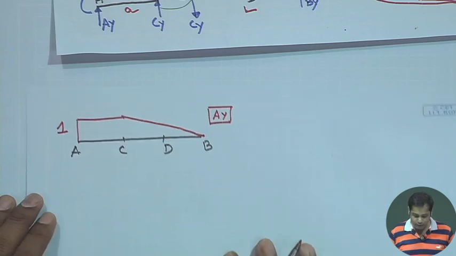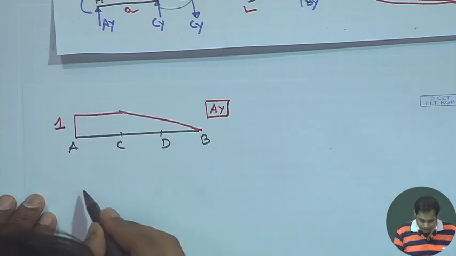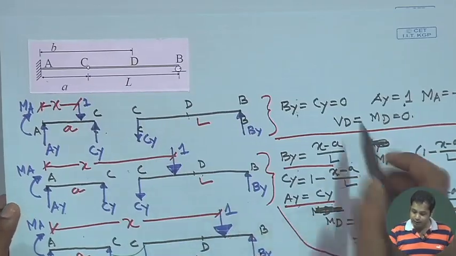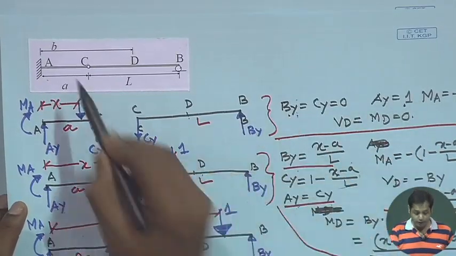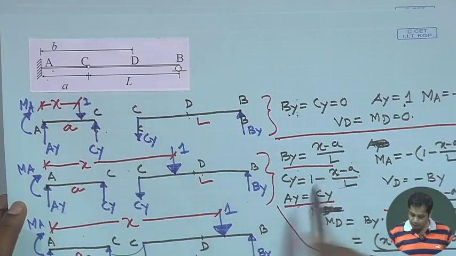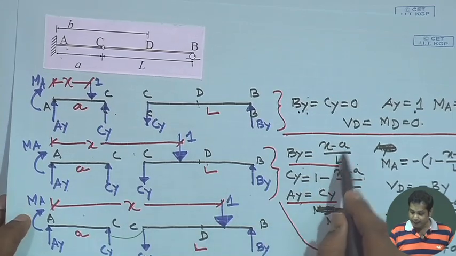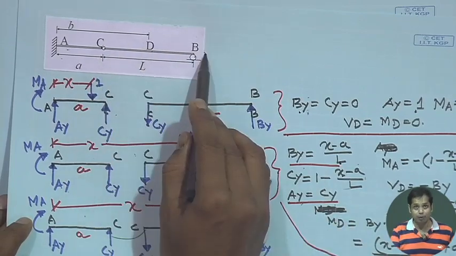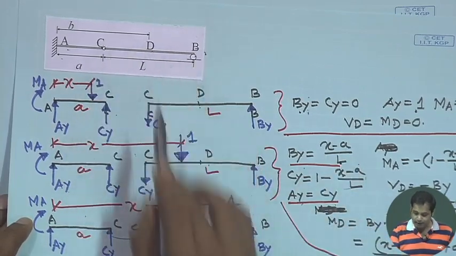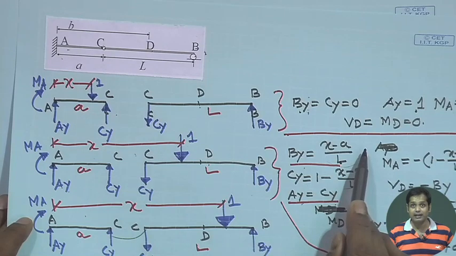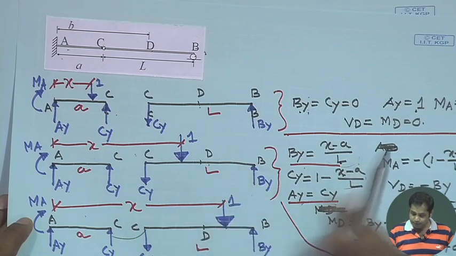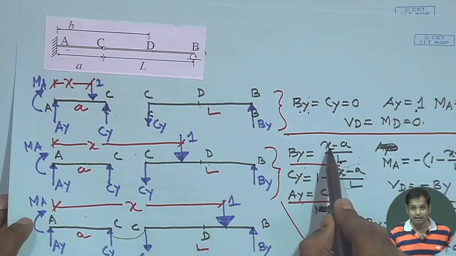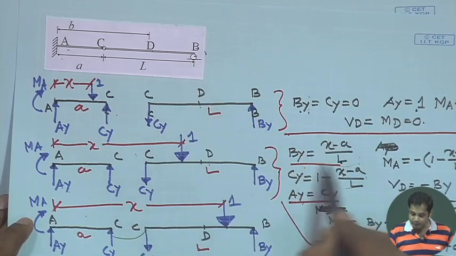This is the influence line diagram for Ay. Similarly, let us draw the influence line diagram for By. What is the value of By? If you check, By is equal to 0 when the load is between A and C, and By is equal to (x minus A) by L when the load is between C and D and D and B both, means between C and B the By varies as (x minus A) by L. So, if you substitute x is equal to L plus A, means at B, this becomes 1.